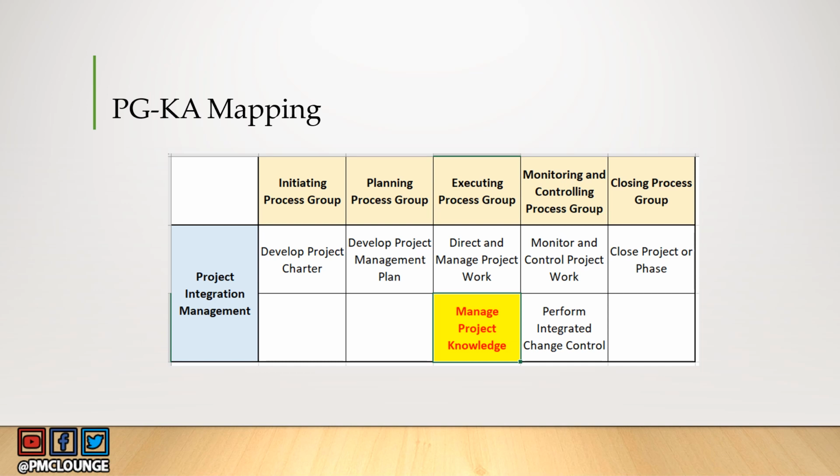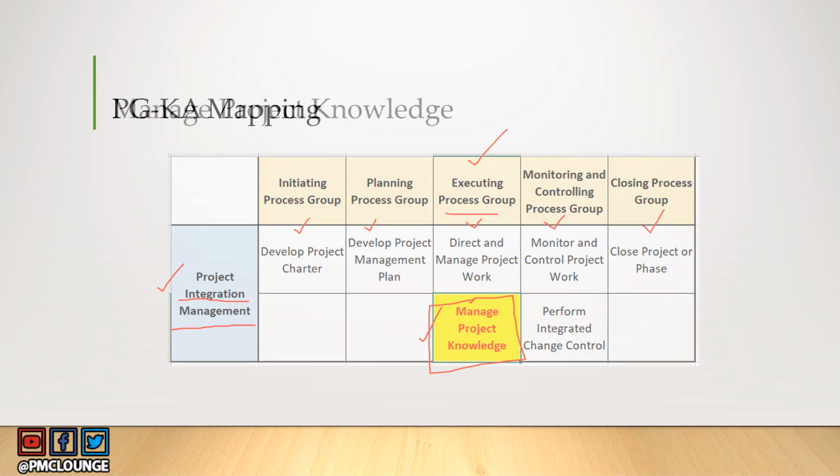As you can clearly see, we are talking about integration management knowledge area and executing process group. This is where the manage project knowledge process resides. This is where it has been added. Now, as you can also see, integration management is the only knowledge area that contains processes across all 5 process groups. This is the only knowledge area in the PMP courseware that does so.